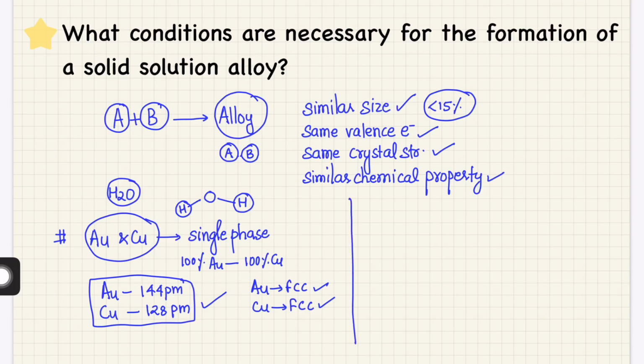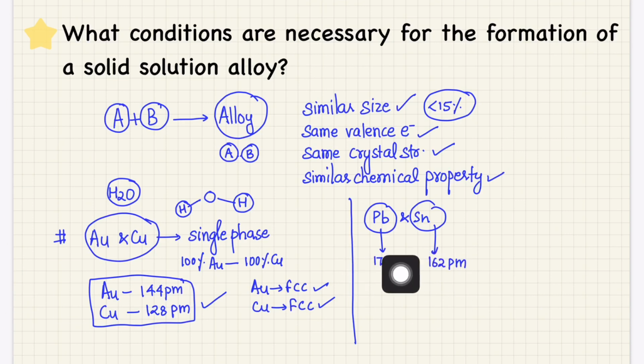Now if we take another example, that is lead and tin. If we see their atomic radii, lead is 175 picometer and tin is 162 picometer. So in this case also they have similar size because the difference in the atomic radii is less than 15%.